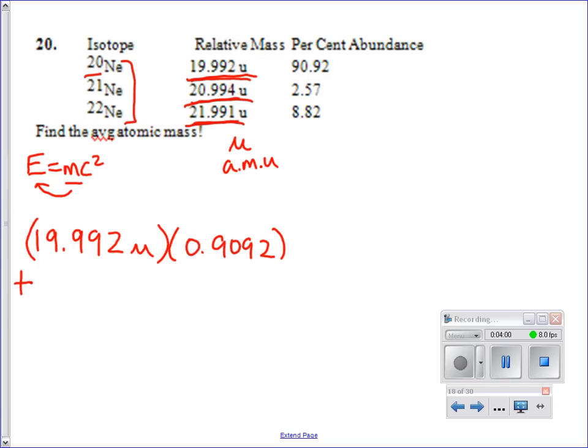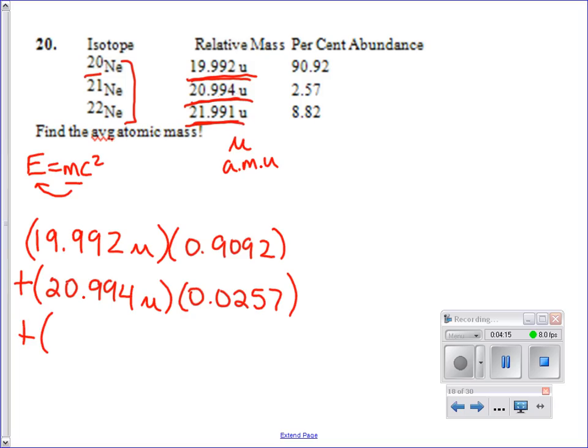We add it, good, to the next one. 20.994 AMU isotope exists 2.57%. Be careful, make sure you change it correctly. It's 0.0257. And then we're going to add it to our next one, 21.991 times 0.0882.